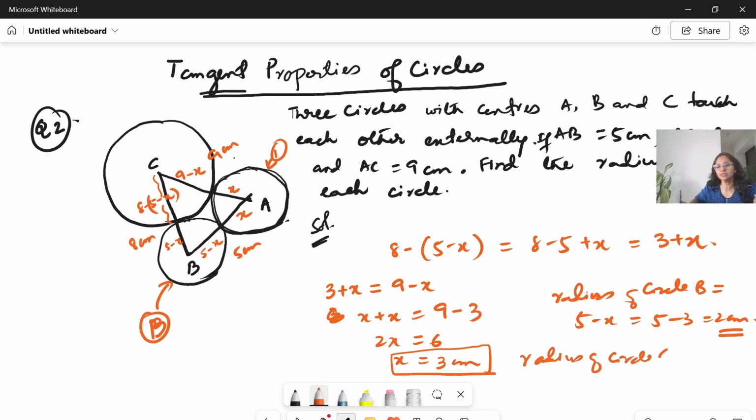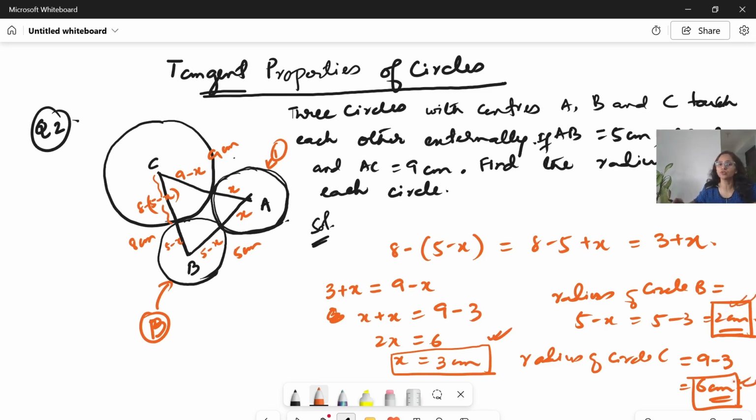Radius of circle C was, if you see, 9 minus x, and x we have got 3, which means 9 minus 3, which is 6 centimeter. So the radii of the three circles that we are getting are 3 centimeter, 2 centimeter and 6 centimeter.